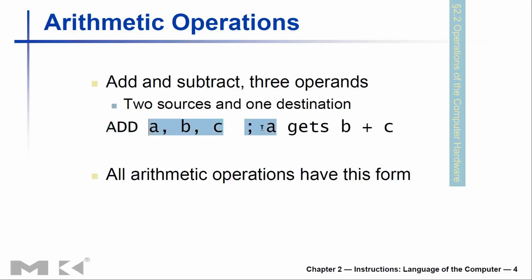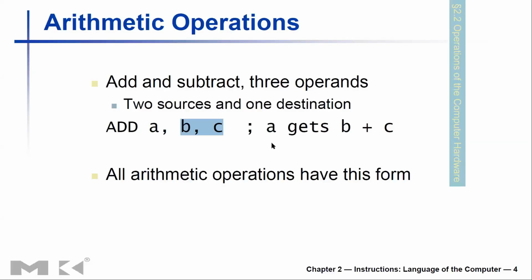Now there are 3 operands here, or 3 parameters given to the add instruction. This is the instruction name, and these are the 3 operands that we are giving to the add instruction. So this A, we call it the destination operand, and B and C, we call them the source operands. So addition, you all know what addition is.